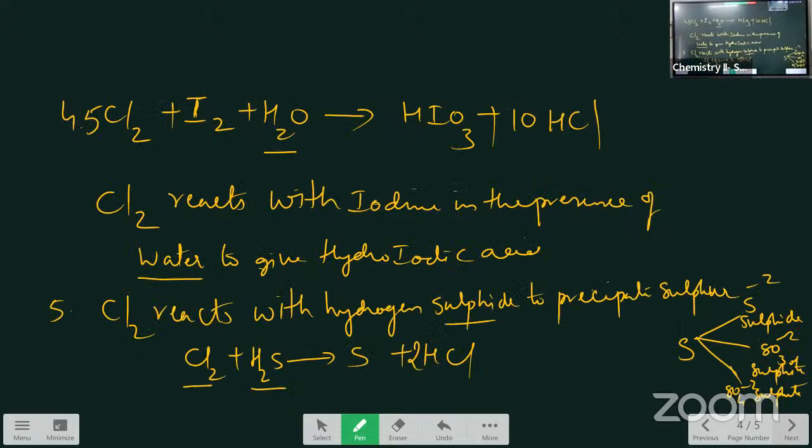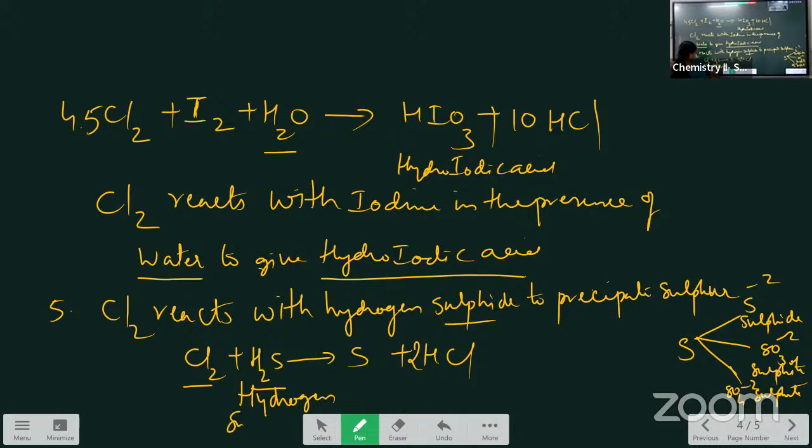Then chlorine reacts with iodine in the presence of water to give hydroiodic acid. Okay. The next, chlorine reacts with hydrogen sulfide to precipitate sulfur. So Cl2 plus H2S, H2S is hydrogen sulfide.